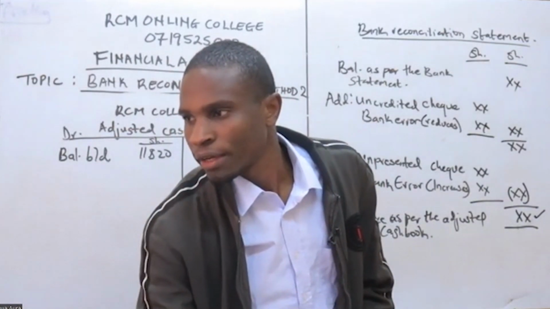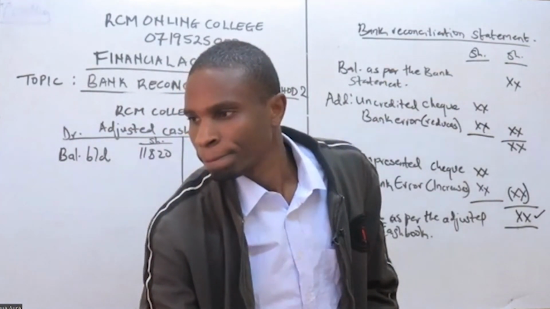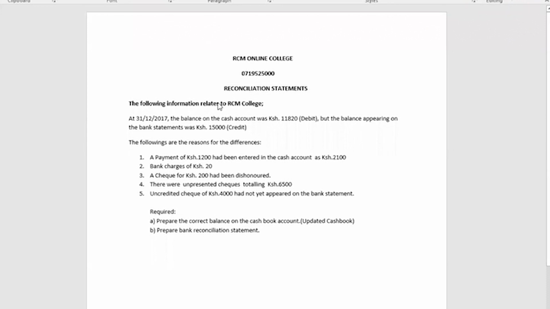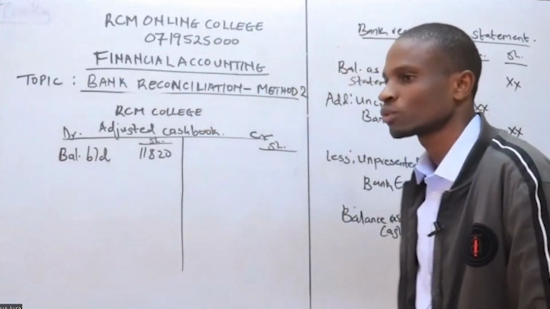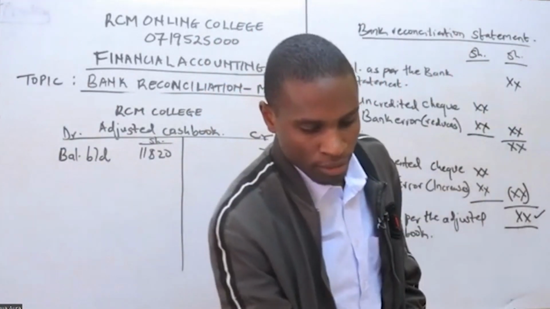Next we are told that a payment of 1,200 had been entered in the cash account as 2,100. I can see there's an error of transposition. Therefore, we get the difference, that is 2,100 minus 1,200.